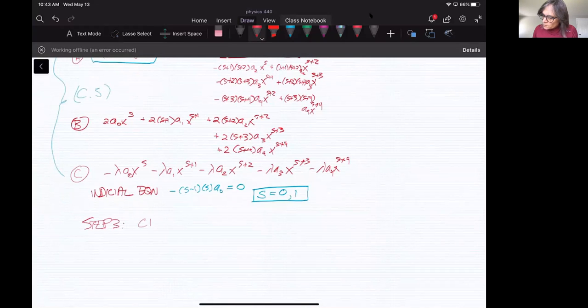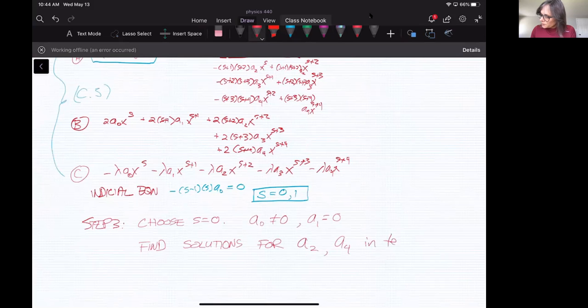We're going to choose s equals 0. And what you're going to find with that is that a naught, we know, is not equal to 0, and a1 is going to need to be equal to 0. And what I want you to do is find solutions for a2 and a4 in terms of a naught.